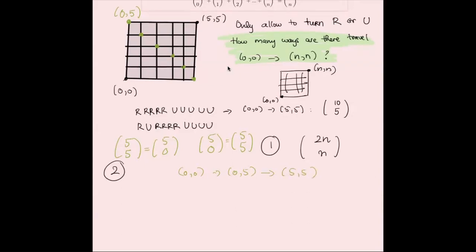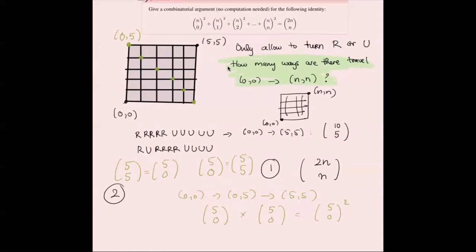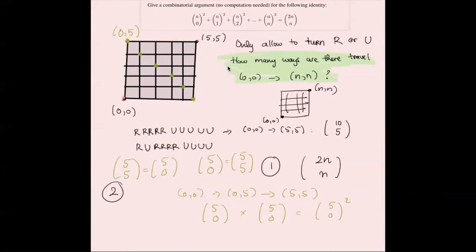From 0, 0 to 0, 5, I have 5 choose 0 ways. From 0, 5 to 5, 5, I also have 5 choose 0 ways, which gives me 5 choose 0 squared ways to go from 0, 0 to 5, 5 that pass through 0, 5. Does this step make sense?